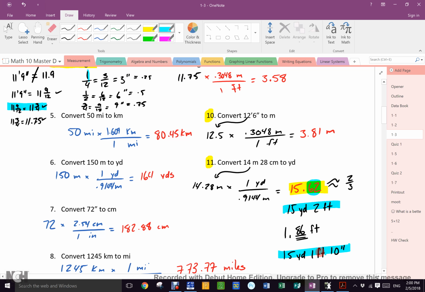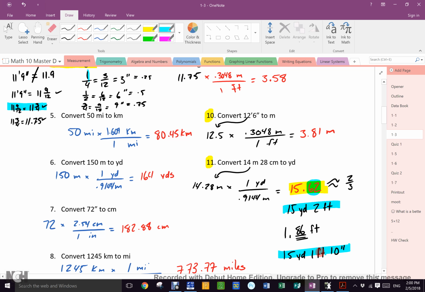In the real world? No. In the real world, if you know it's almost 16 yards away, is that good enough? Yeah. If you're trying to land a mortar onto the right backyard in Baghdad, you may want to be a little more precise. Does everybody understand?